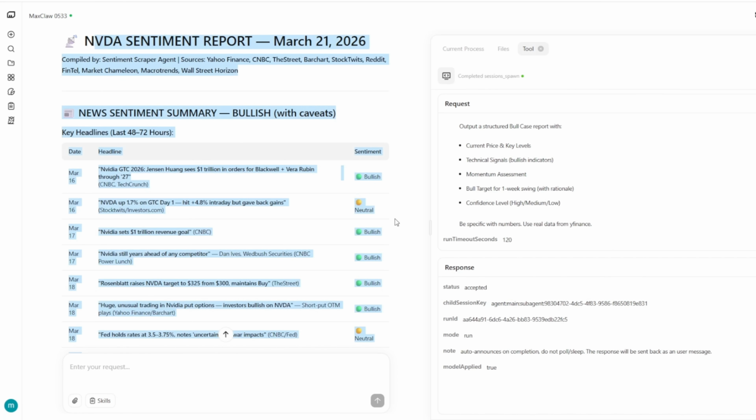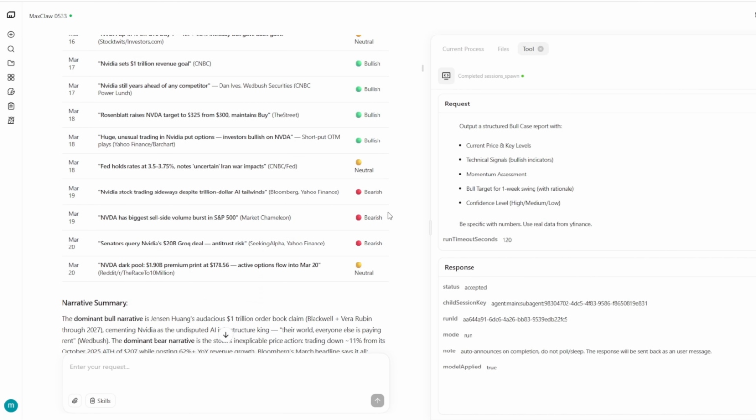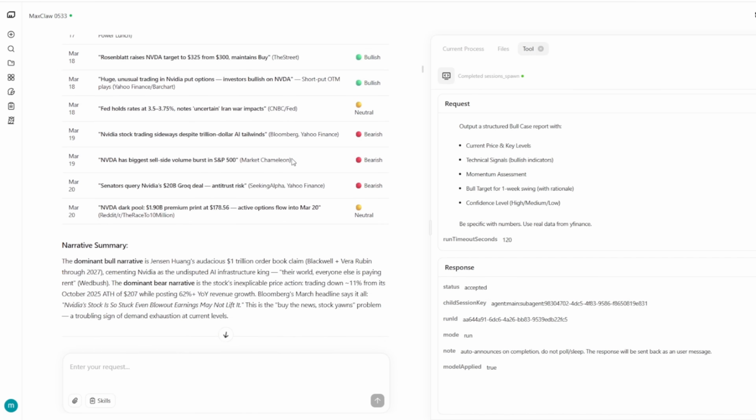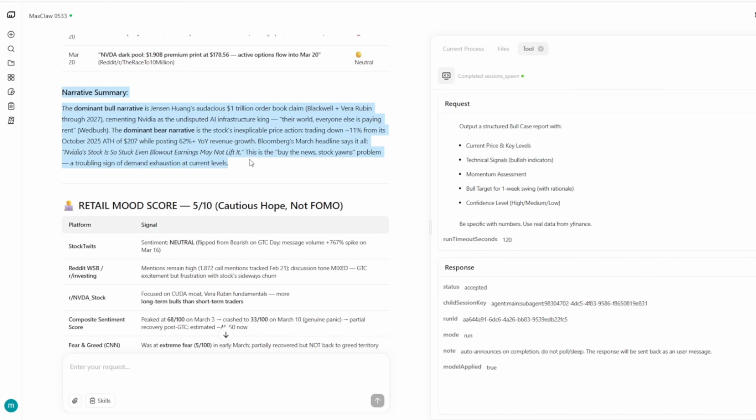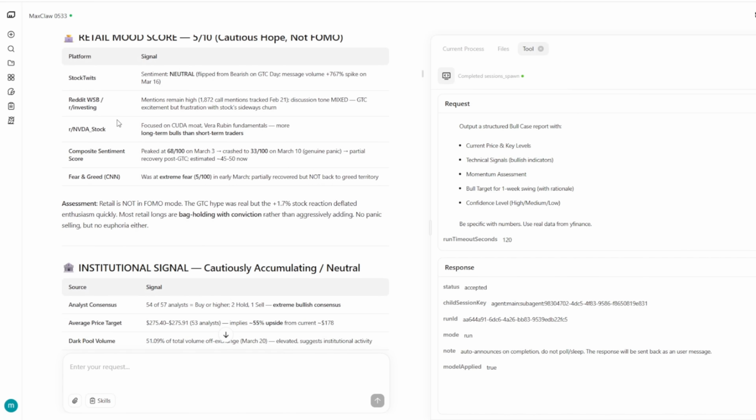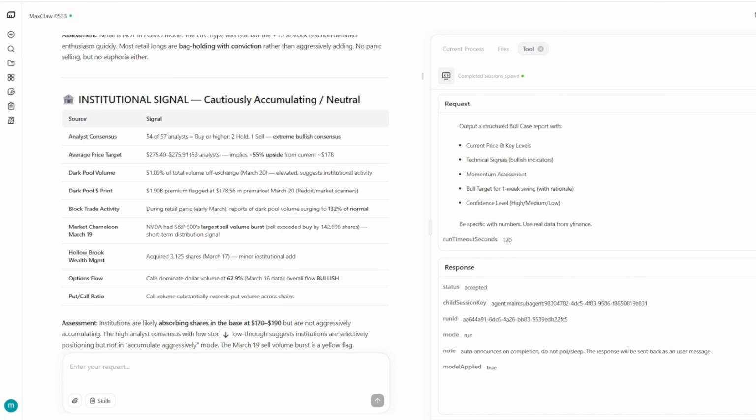It even mapped out key upcoming catalysts like earnings dates and geopolitical shipment timelines. Finally, the risk manager takes all this conflicting data and delivers the overall sentiment score, concluding that NVIDIA is bullish, but specifically noting that it requires cautious accumulating due to institutional absorption. This is masterclass financial synthesis.